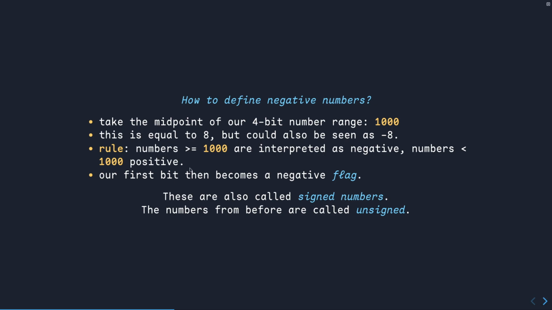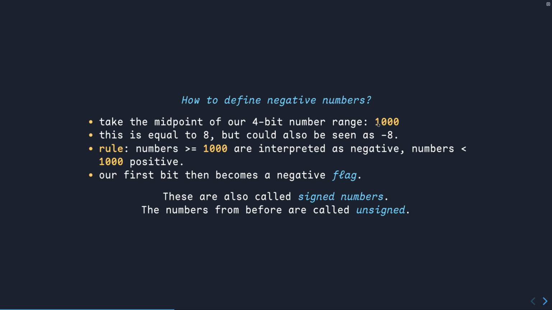So if we just split our range in the middle and say everything above it is negative and everything below it is positive, we get pretty close to a representation that works with our subtraction method.